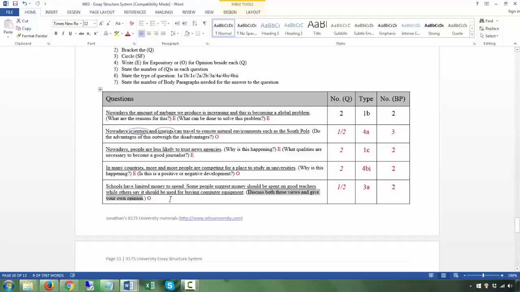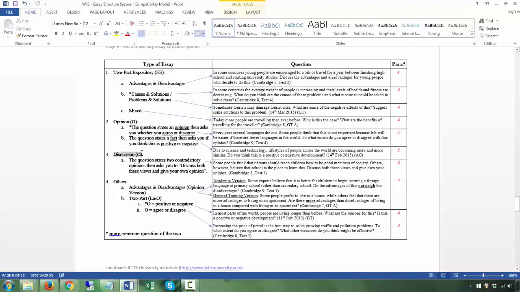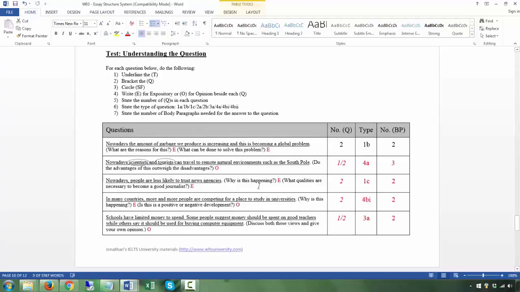If you want to say expository and opinion, as I mentioned before, it doesn't really matter how you look at it as long as you know how to approach it, how to write your answer, right? So what type is it? Is 3A. The discussion. Number of questions, as I said, you could look at it as 1 or 2. Number of body paragraphs, 2.